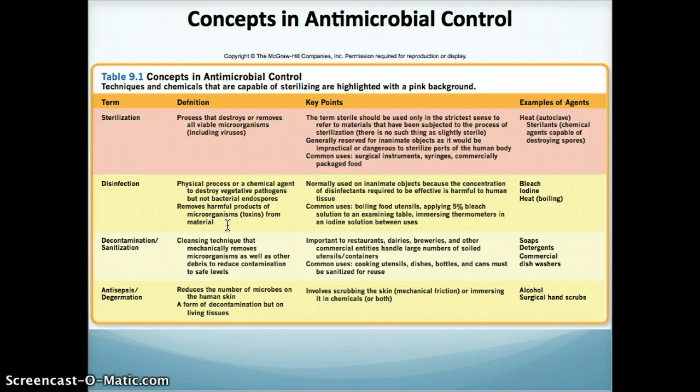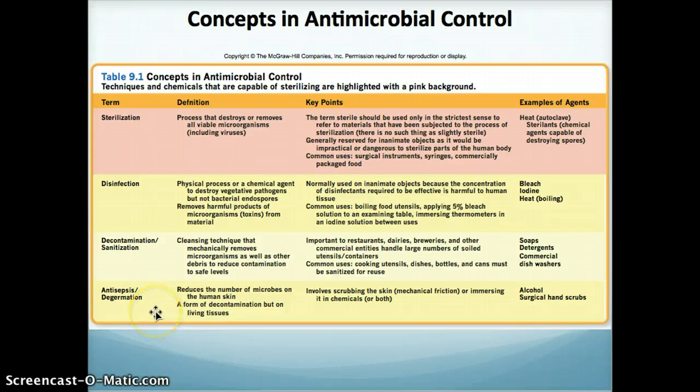things like toxins. The next level then would be decontamination or sanitization, and these are cleaning techniques that will remove microorganisms as well as debris, and it will reduce contamination to safe levels. It does not completely get rid of contamination.